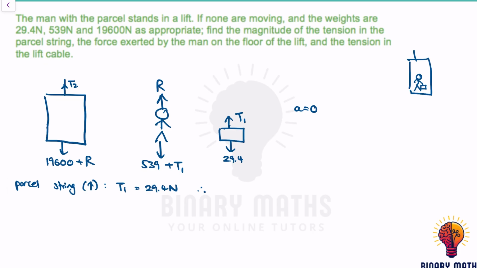So therefore, tension in parcel string is equal to 29.4 newtons.